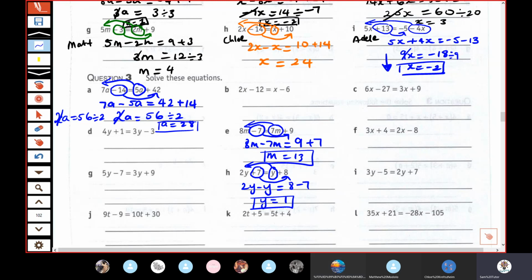So it's all about opposites. Again, look up here, it said 3m equals 12. How do I get rid of the 3? Divide by 3. How do I get rid of the 9? Divide by 9. Make sense?